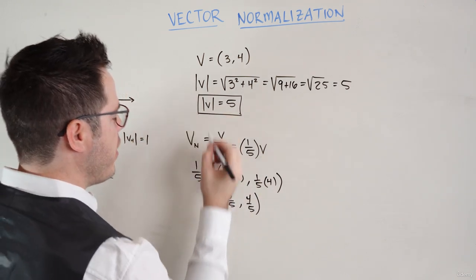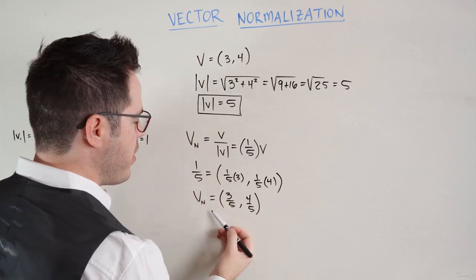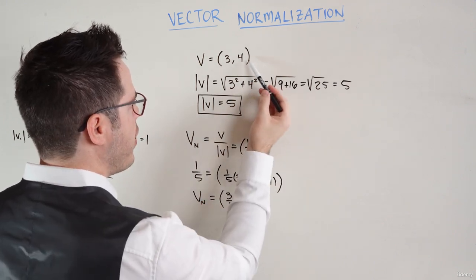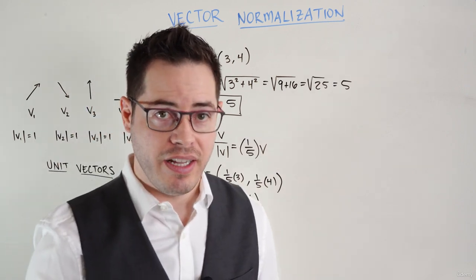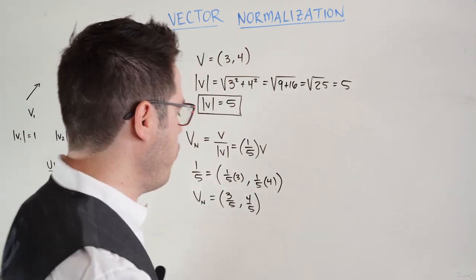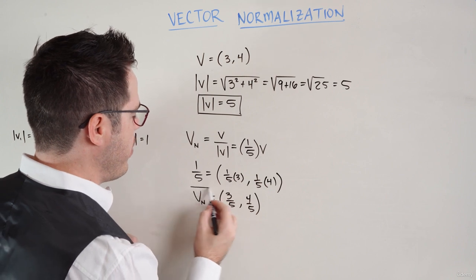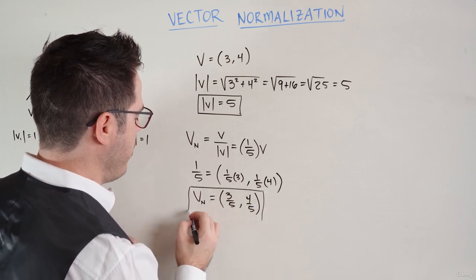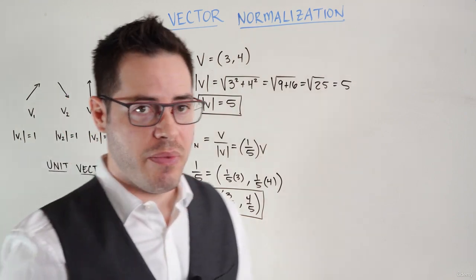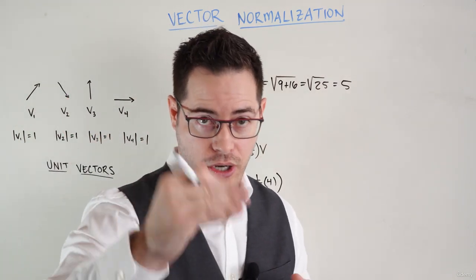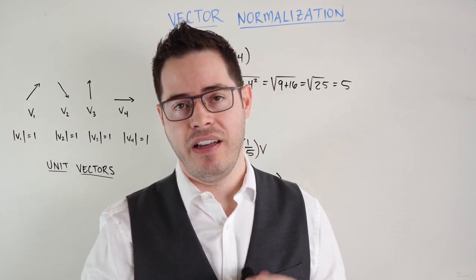This is the vector v normalized down to a length of 1. This is the vector in the same direction as v, except it now has a length of 1. It's a unit vector. When we reduce a vector down to a length of 1, it's said that we normalized the vector. So the process of dividing by a vector's magnitude or multiplying by 1 over the magnitude is the process of normalizing the vector.